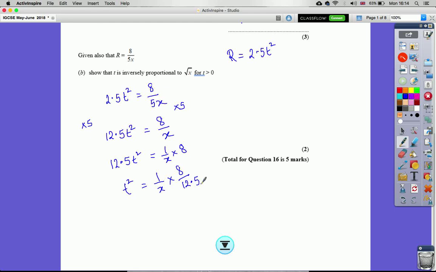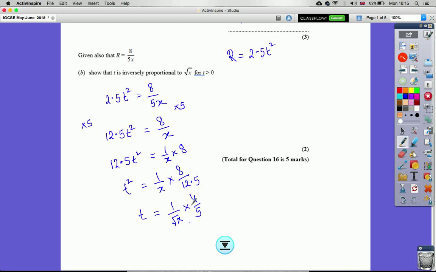Okay, so this time I'm going to square root on both sides, so I'll get T is equal to 1 over square root of x multiplied by, and if I square root 8 over 12.5, I will get 4 over 5.